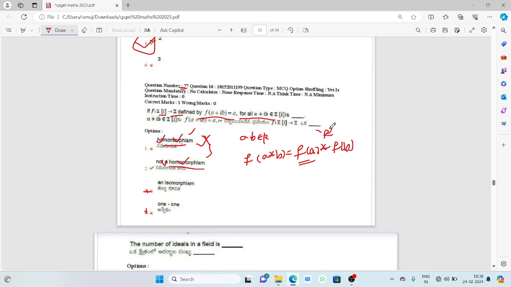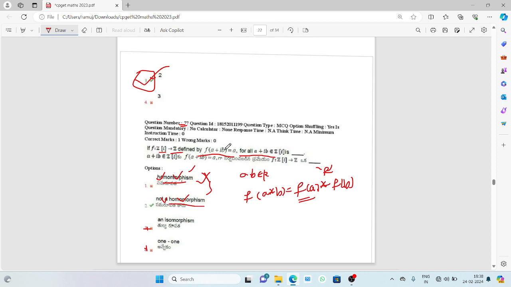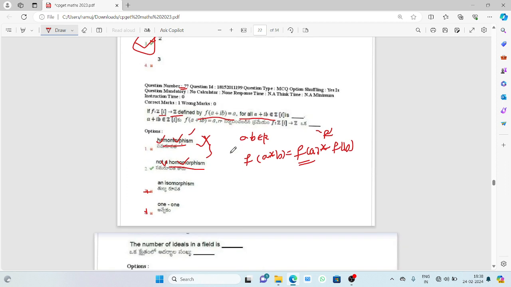We don't know whether that binary operation is additive or multiplicative. If it is a ring, we should check both, because a ring contains two operations, additive and multiplicative. Suppose I take the ring R; we have to check both to say whether it is a homomorphism or not. But in a group we have only one binary operation, whether addition or multiplication.